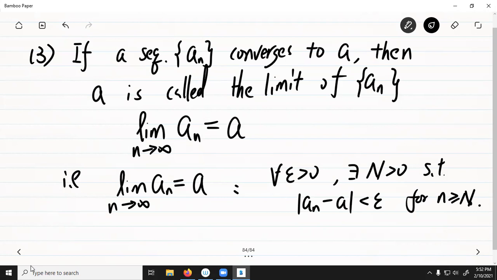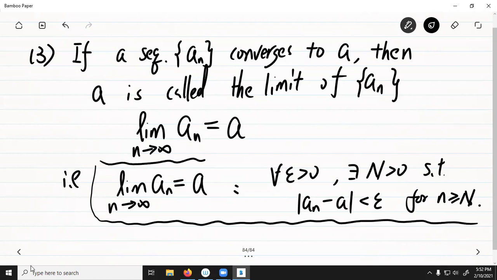So the meaning of the limit of a_n equals A as n approaches infinity is this: for any epsilon greater than 0, there exists a capital N greater than 0 such that |a_n - A| is less than epsilon for all n greater than or equal to that capital N. You should be very familiar with this definition.